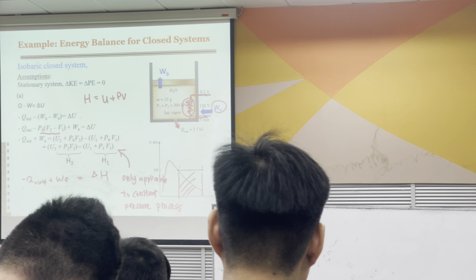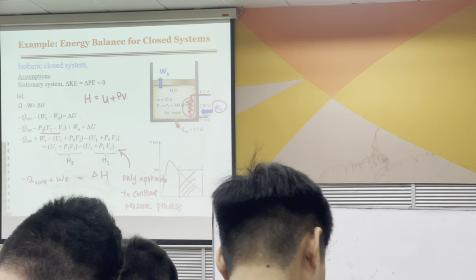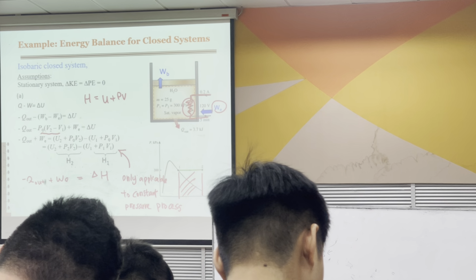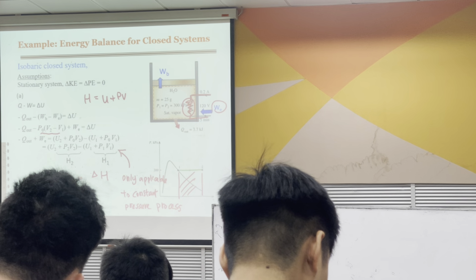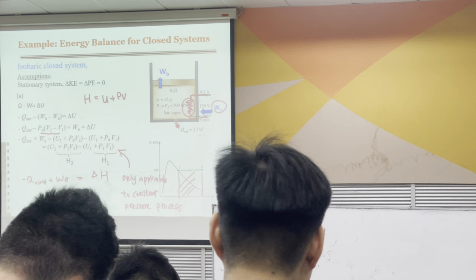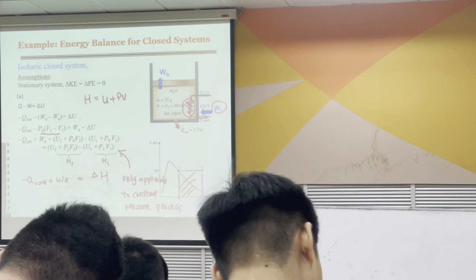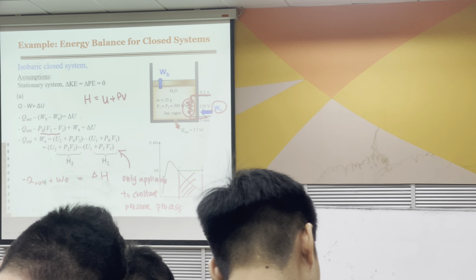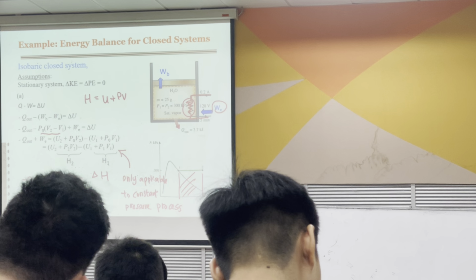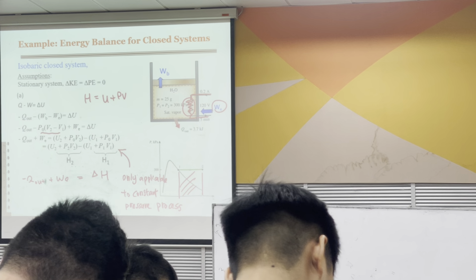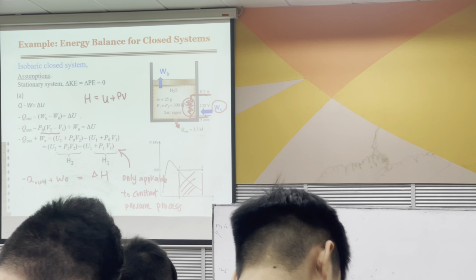It won't tally with the value from the table. So only for constant pressure process. For any other process, you cannot move the boundary work to the right hand side and then just change the internal energy to enthalpy. Only for constant pressure process.